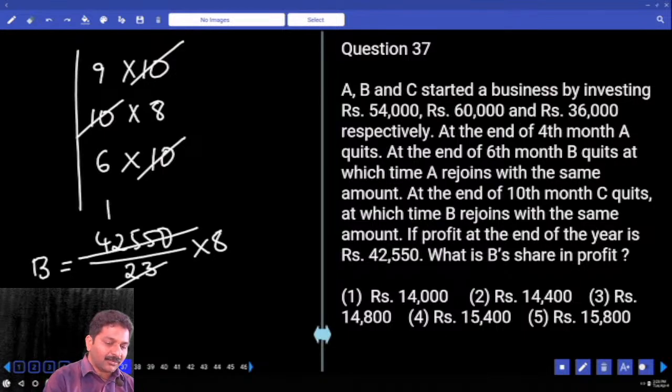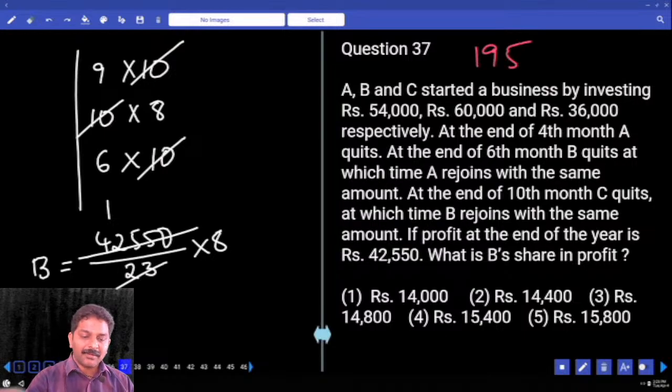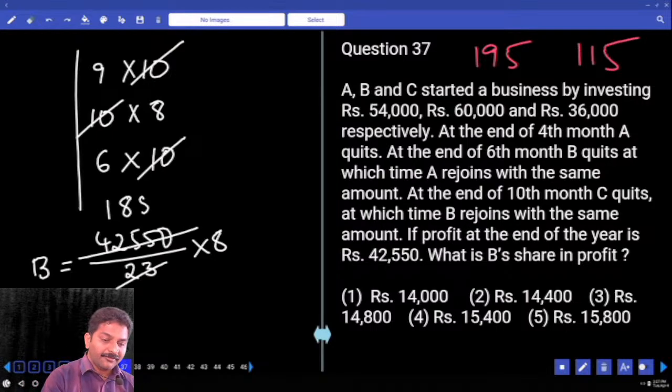Cancellation with 23. Once, how much is left? 19, which is 195 only. Come on. 195 in the sense, can we take 9 times is not possible. 8 times. 8 times in the sense 160, 24, 184. That means 115 is left. 5 times and then is 0. Yes?